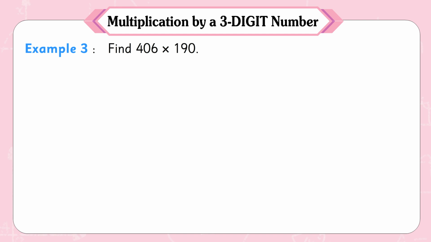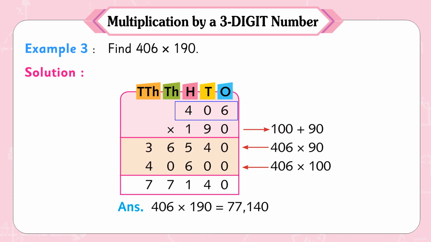Example 3. Find 406 into 190. Solution. 406 into 190. 190 is 100 plus 90. 406 into 90 is 36,540. 406 into 100 is 40,600. The sum is 77,140.